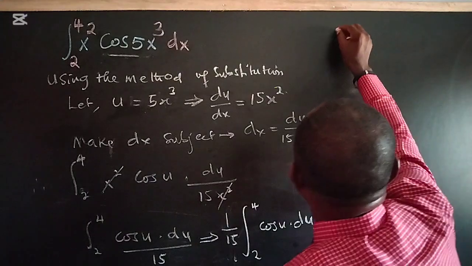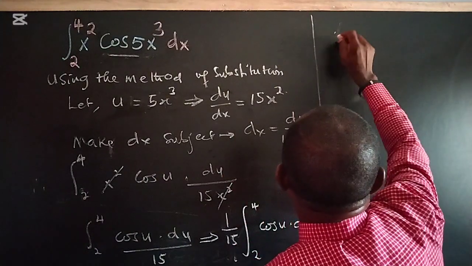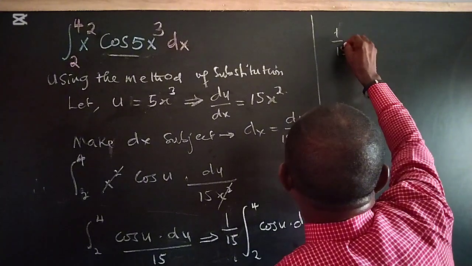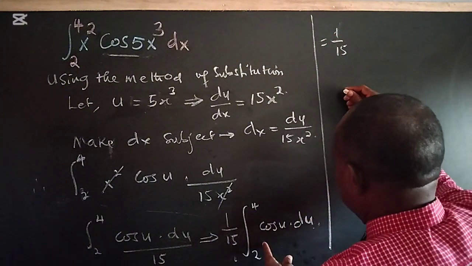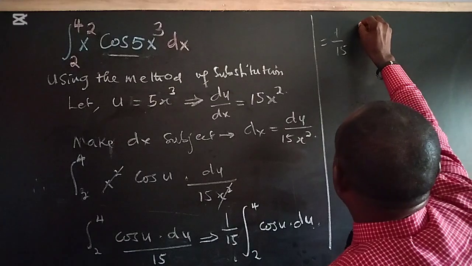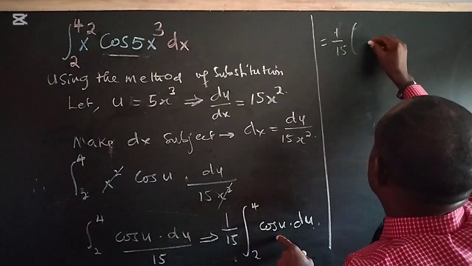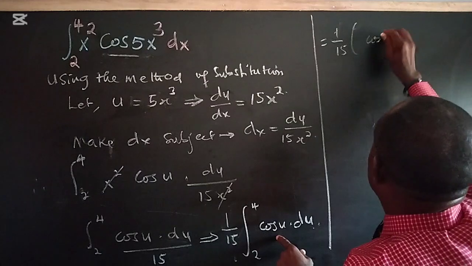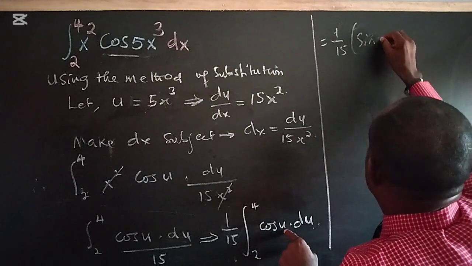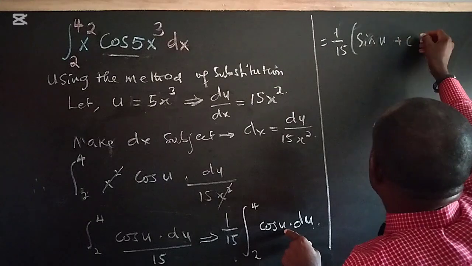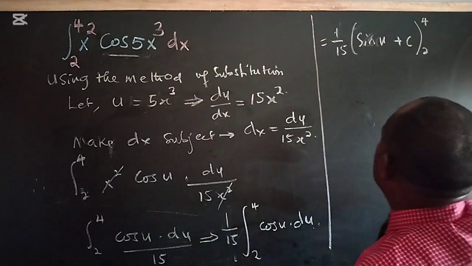So integrating this, what it means is we have 1 over 15, and if you integrate this, it is going to give us sine u plus c, from 2 to 4.